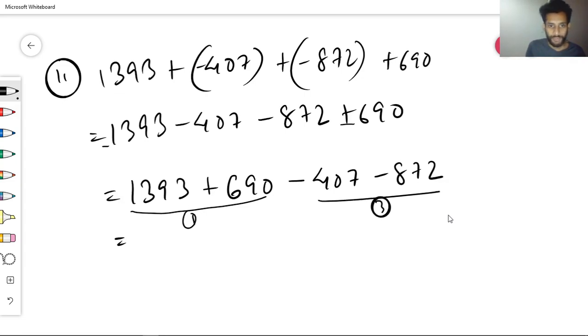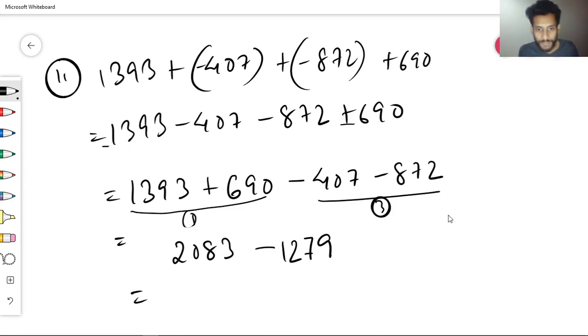So if I add it, it will be plus 2083. And here it will be minus 1279.